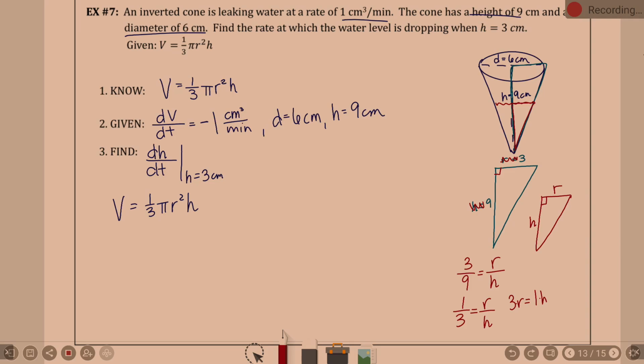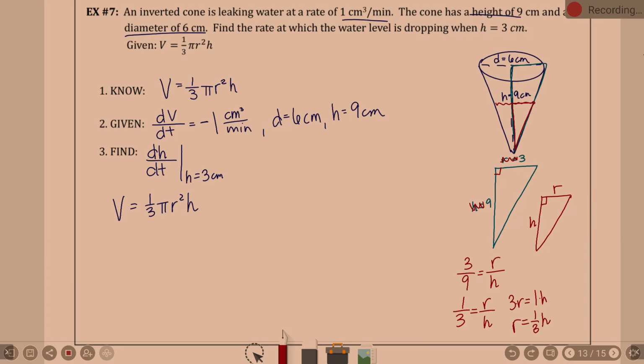And so I'm at the same 3R equals 1H. I mean, we call it cross products. It is essentially the same as clearing out the fractions, except no one ever likes that. But you guys like cross products generally. So what I know is if I solve this, R is equal to 1/3 H, H over 3.